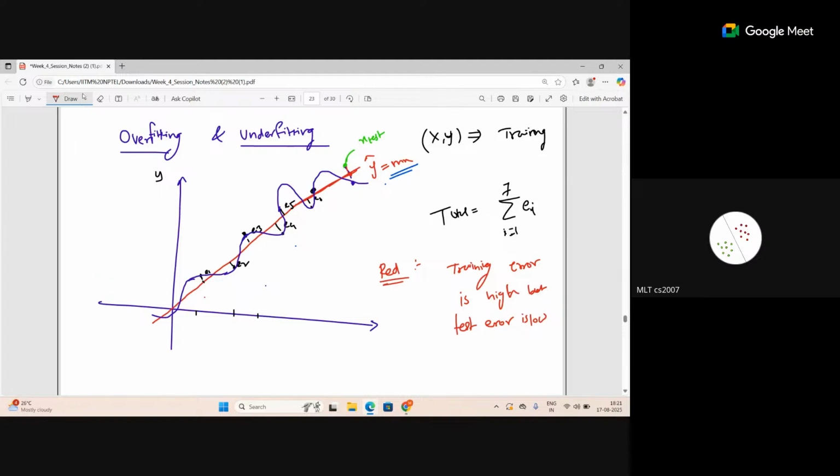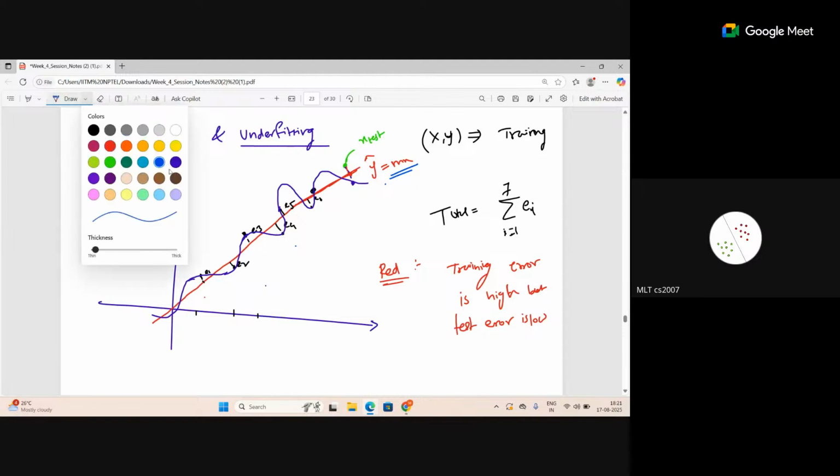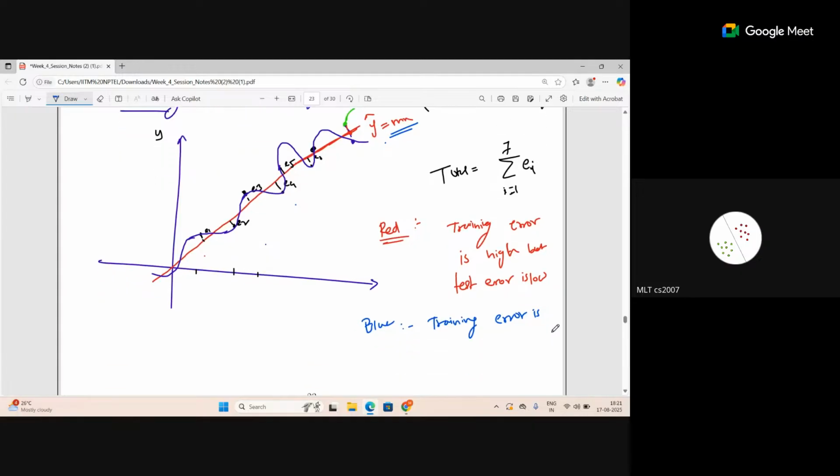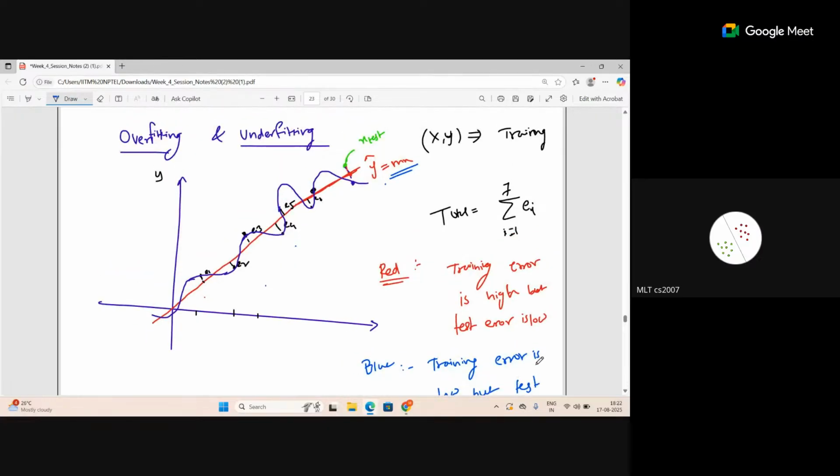And for the blue colored polynomial, the train error is low, correct, right? Low, or I think it is zero in this case, but the test error is high. Is that fine? Are you able to understand this part?